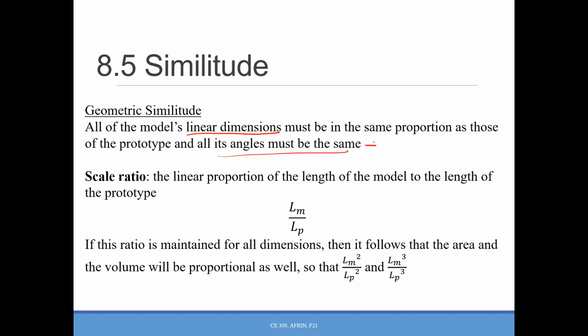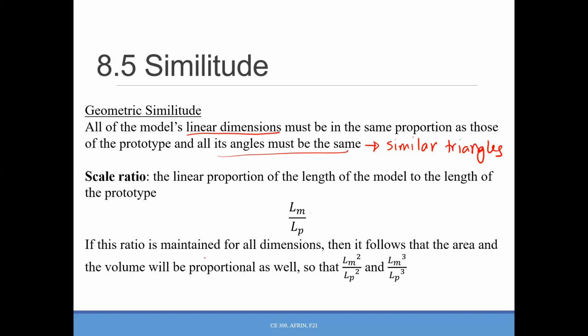So this one is kind of like similar triangles. This is called the scale ratio, the linear proportion of the length of the model to the length of the prototype. Okay, M stands for model, P stands for prototype.